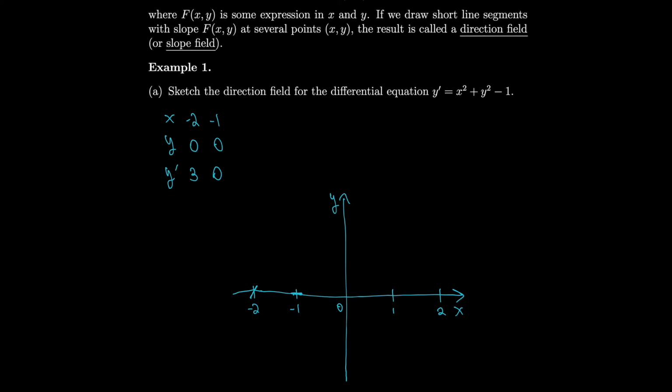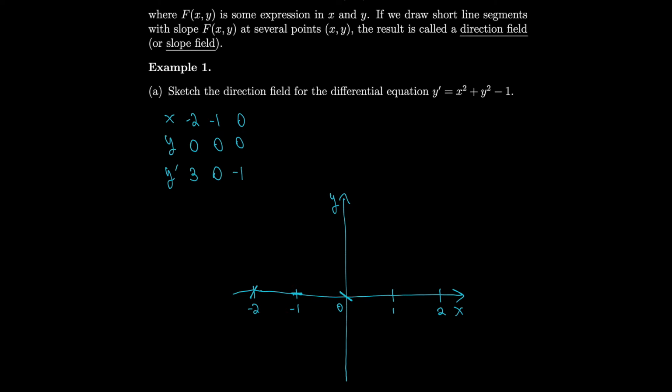And then at 0, I'm going to go for 0 for y also, because I'm just choosing any points; this is your choice. So this is 0 plus 0 minus 1, which is minus 1. So I should draw a little line segment going down with a slope of minus 1 at 0.